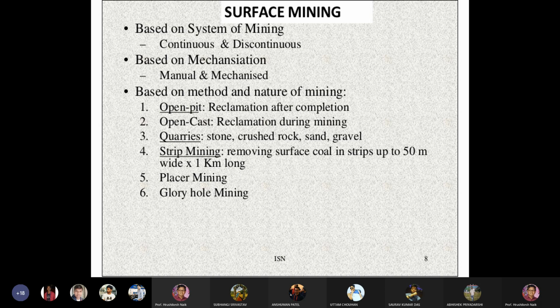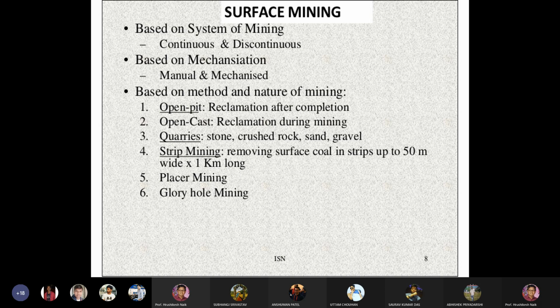In the case of open pit mining, you should remember, reclamation is done after completion of mining. But in the case of opencast mining, reclamation is done during the mining.